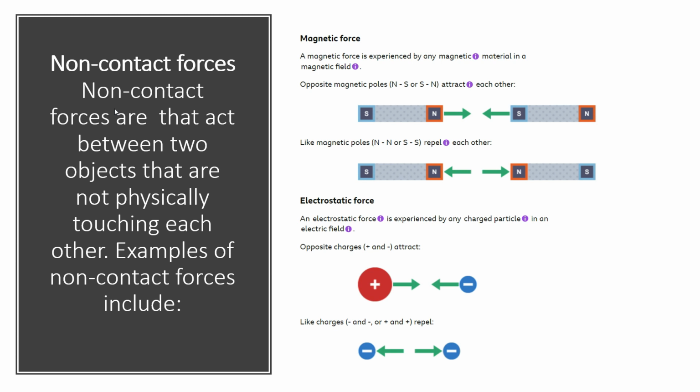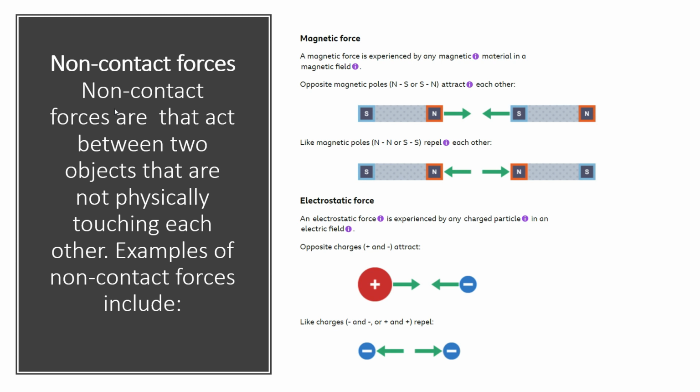The first type of non-contact force is a magnetic force. What is a magnetic force? The magnetic force is experienced by any magnetic material in a magnetic field. Now we know what a magnet is. Magnets are substances which have the property to attract and repel each other. The magnet has poles, as you can see: S denotes south and N denotes north.